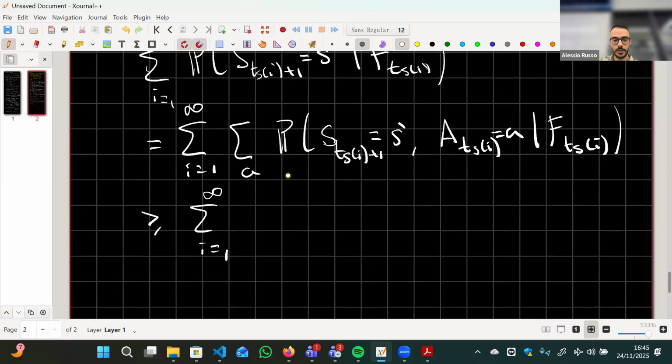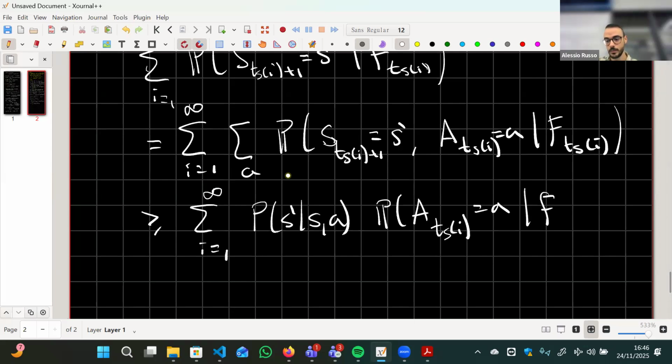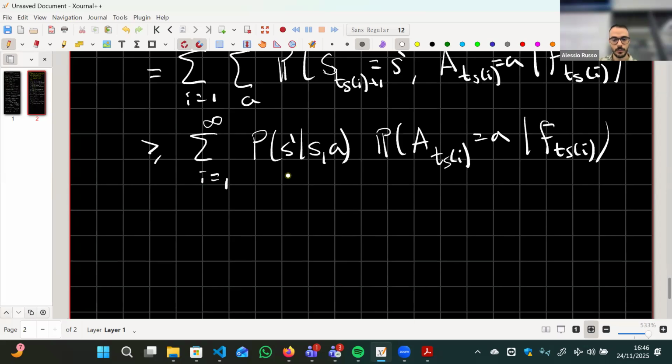And so this quantity, you can show that it's simply lower bounded by P(S' given S, A) times the probability, and here we're going to simply use Bayes rule, probability that the i-th time we are in state S, we picked action A. But this quantity is bigger than 0, and we know also that this sum over i will diverge.